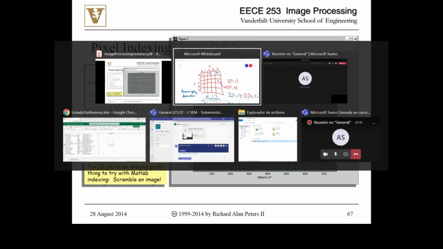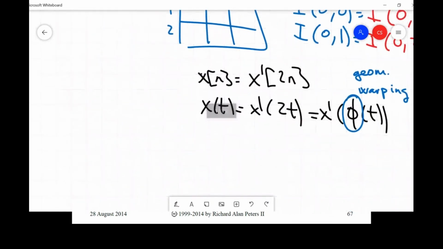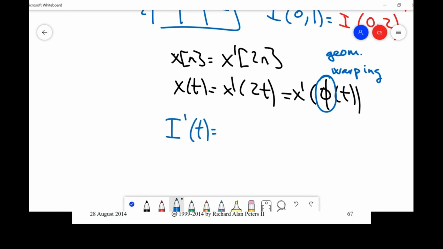And here comes something that appeared a couple of times yesterday. When are you losing information? Let's think of something. Let's say I have a function, and let's make it with images. So I have a new image, I prime, that will be some function.